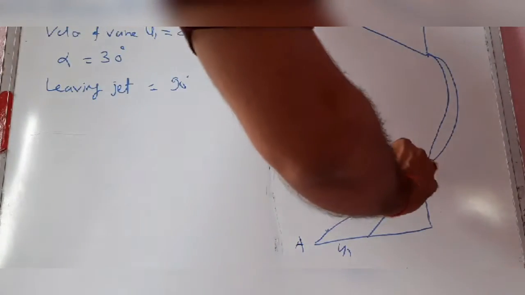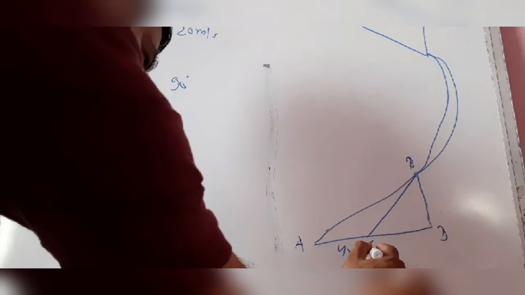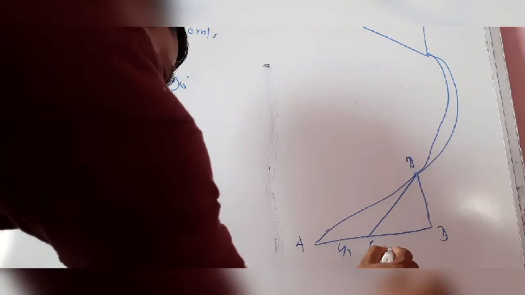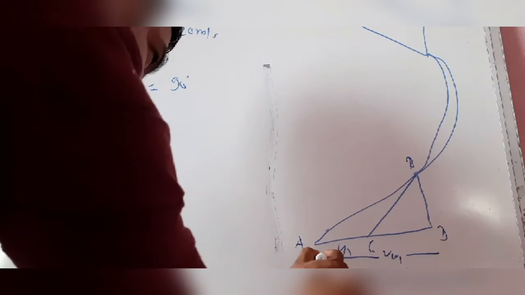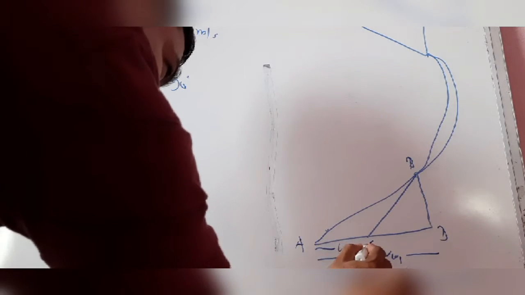This is point A, B, C, D. This is VW1 overall. VW1 from here to here, and this is U1.